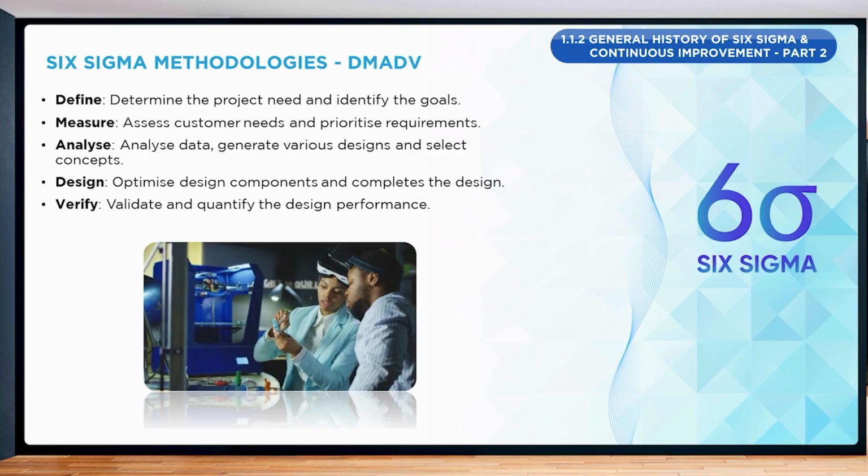So, we talked about define, we determine the projects, we have to justify why there is a need for the project, and we set up the goals and the objectives that must be achieved. During the measure phase, we assess the customer needs and we prioritize the customer requirements.